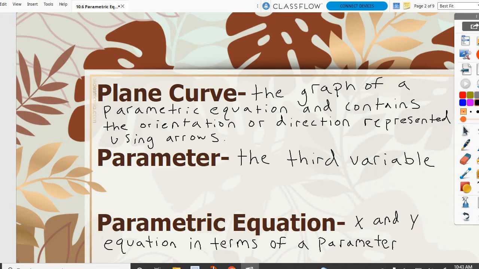So that's why a lot of times our parameter is going to be the variable t, because most of the time we're looking at that third variable with respect to time.